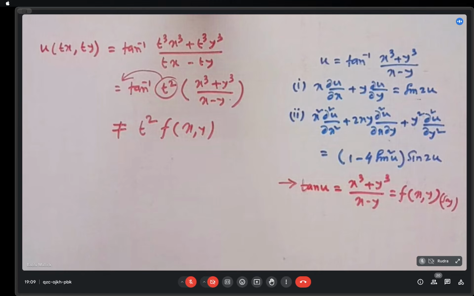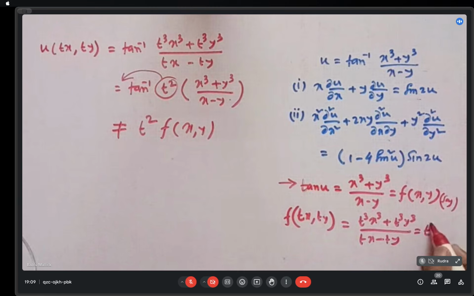Now f of tx comma ty will become (t cube x cube plus t cube y cube) by (tx minus ty).